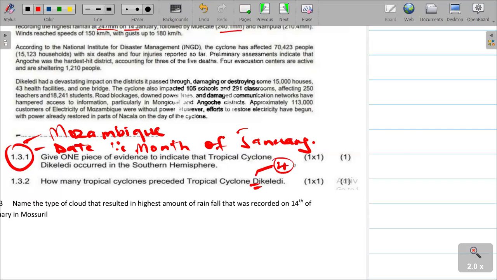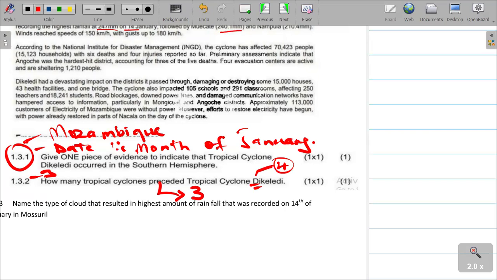Dikeledi is number 4, so preceded means the ones which have occurred before it. There were 3 cyclones that occurred before it. So the answer is 3. There were 3 cyclones that took place before Cyclone Dikeledi.